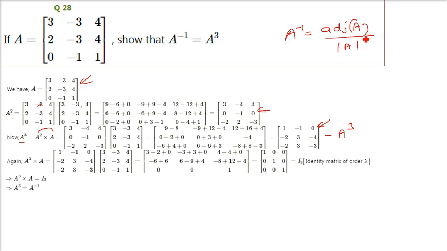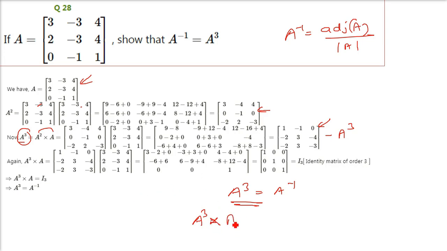But rather than doing it, we have a simple solution here. What is the solution? You have to prove A cube is A inverse. But once you do A cube, you get a certain value. And once you multiply A cube with A, I am just telling you to multiply A cube with A. You have to do it by yourself; that thought should come into your mind.